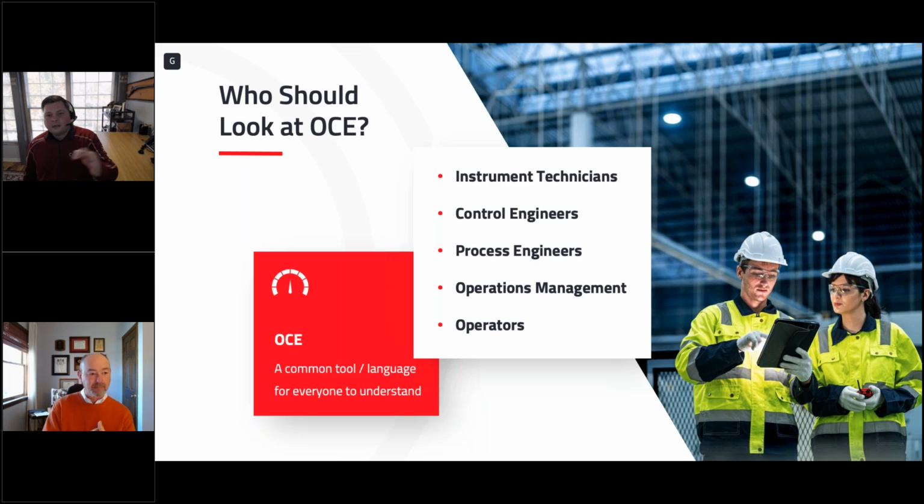Yeah, everybody on this list is invested in making sure that all the control loops are doing their job, because if they're doing their jobs, everyone's job becomes easy. The process engineers can do the optimization work. The operations team can make sure demand and production rates are met. Operators aren't spending all of their time manually adjusting everything to make sure the plant is behaving well.